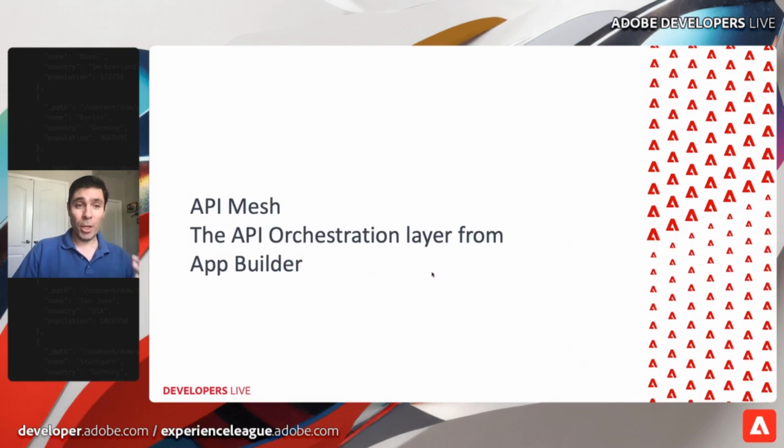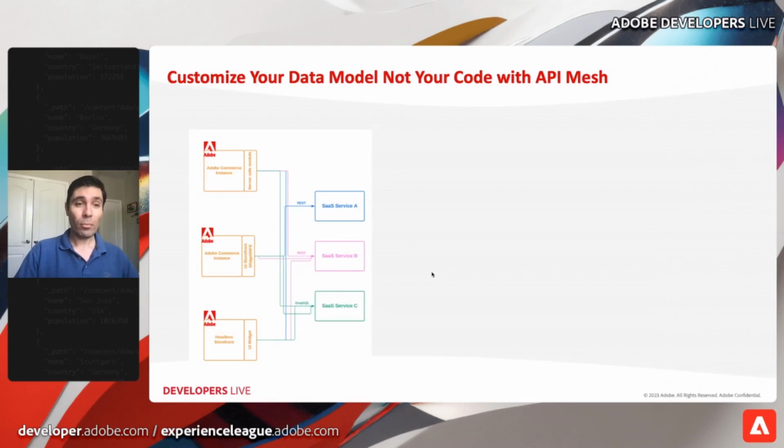So API Mesh is an orchestration layer, part of App Builder. That's what you should know. If you never interacted with it, you can use it for eliminating point-to-point integrations.